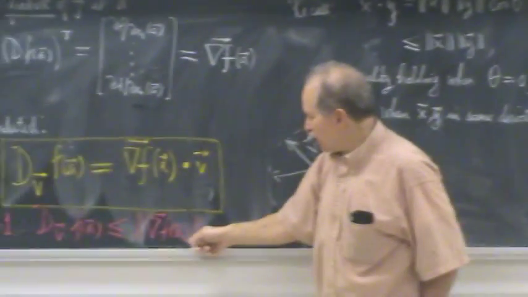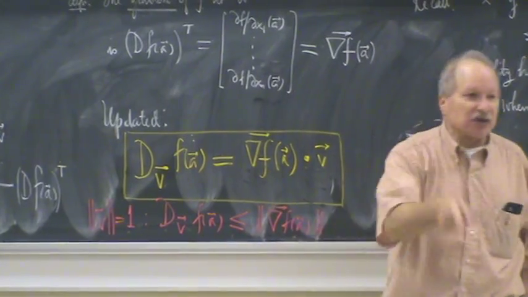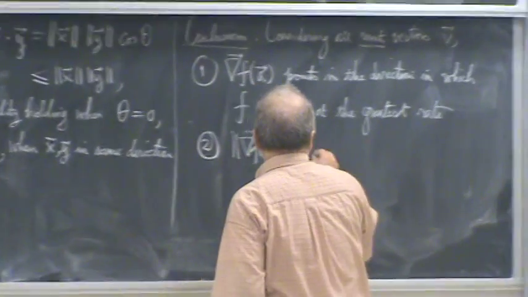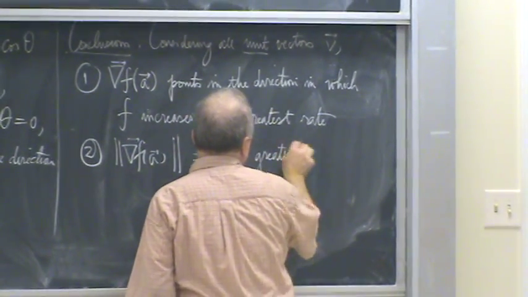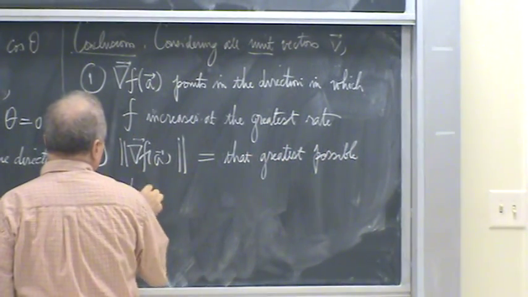The magnitude of the gradient is exactly the greatest possible directional derivative, which we just said occurs when you go in the direction of the gradient. So the magnitude is that greatest possible rate of increase, or directional derivative.